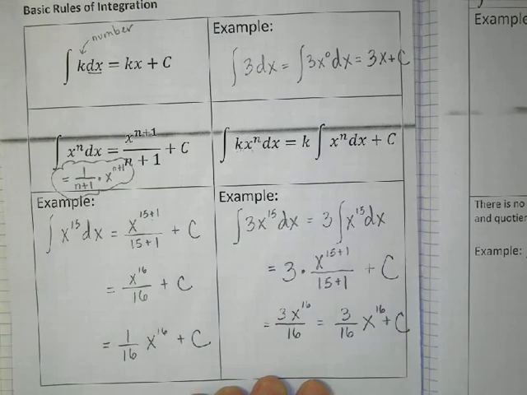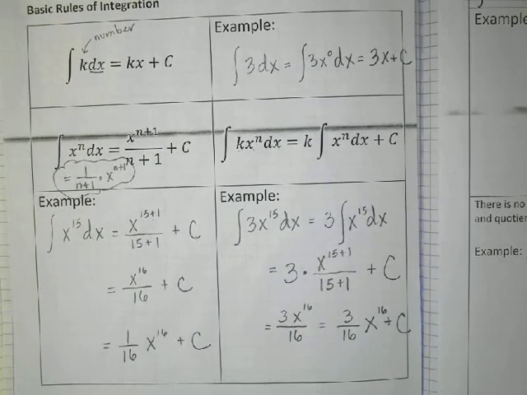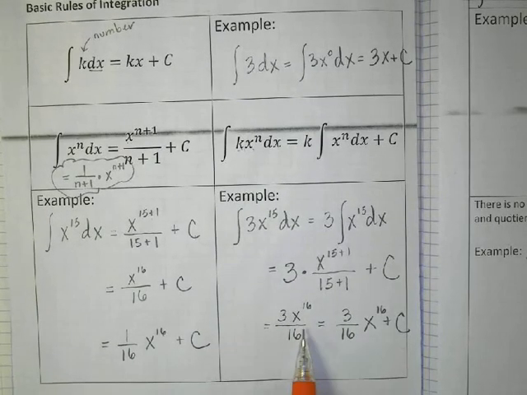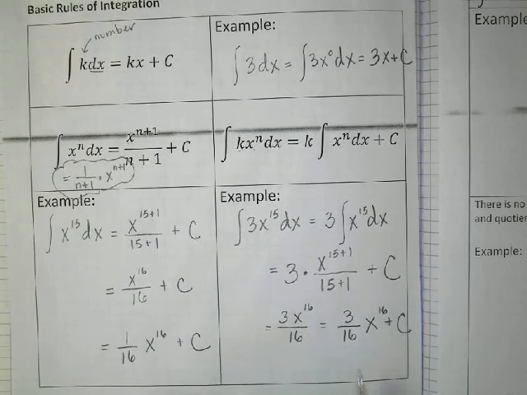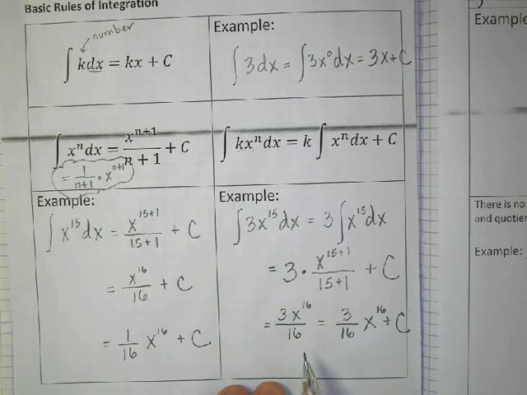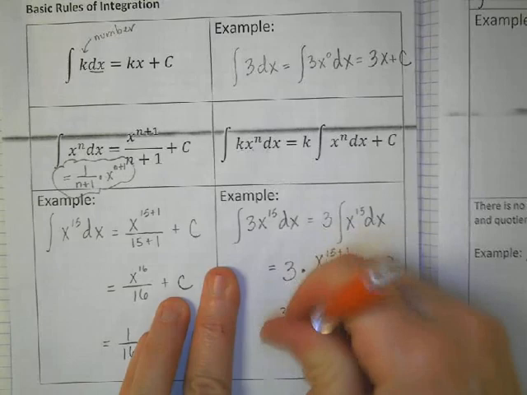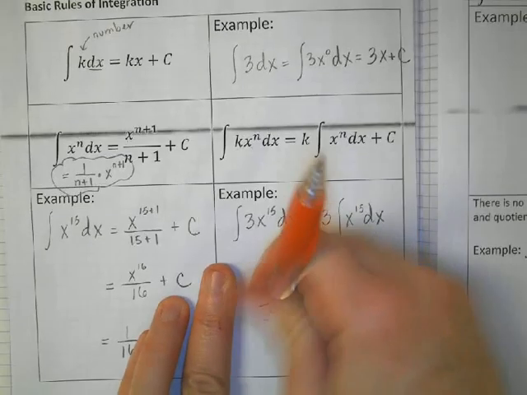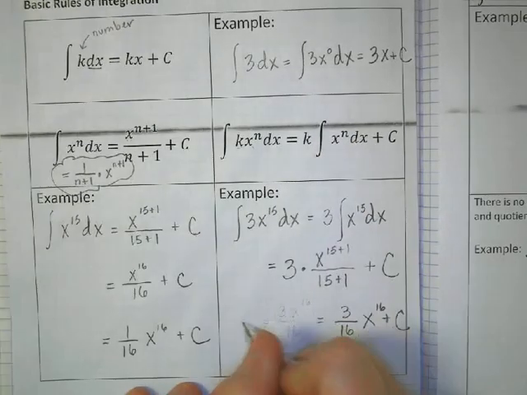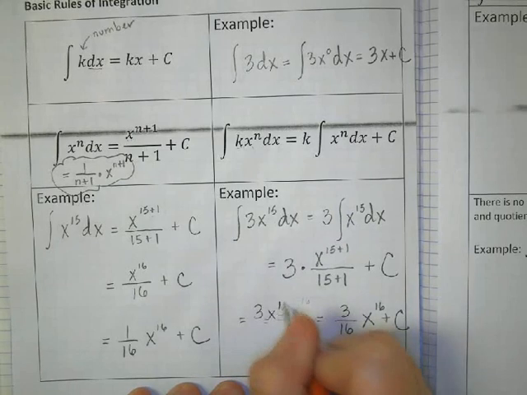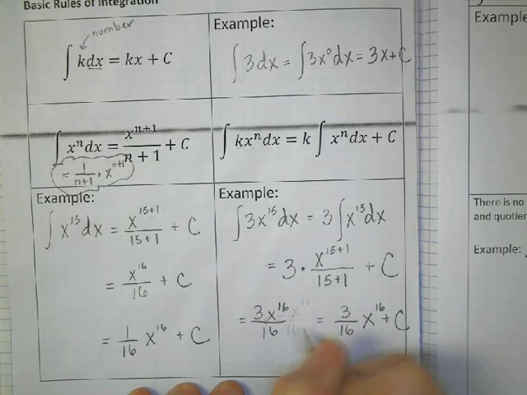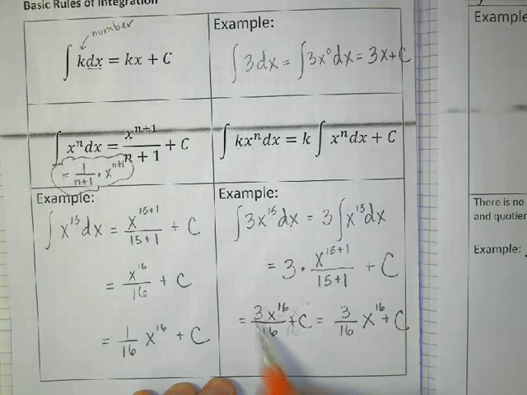And there it is. Okay? So this would be acceptable. Sorry, I forgot to put the plus c there. Let me move this over a little bit. I keep forgetting to put the plus c. So equals 3x to the 16th over 16 plus c, or I can write it with a fraction separate, like that.